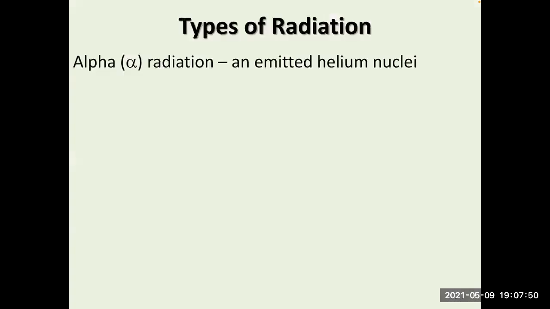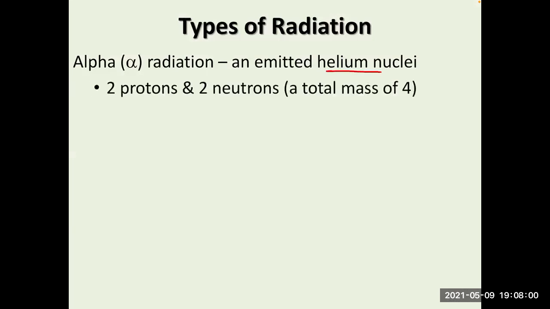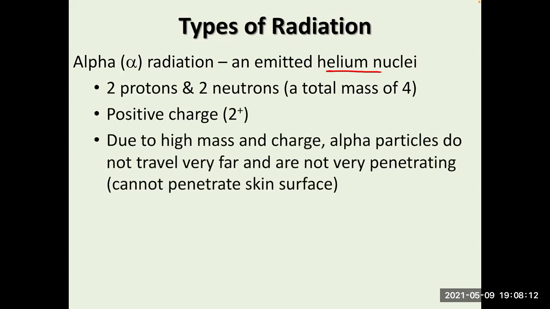Alpha radiation is emitted helium nuclei. So we use the symbol for helium in order to show this particle in a reaction. 2 protons and 2 neutrons are involved, a total mass of 4, and a positive charge of +2.